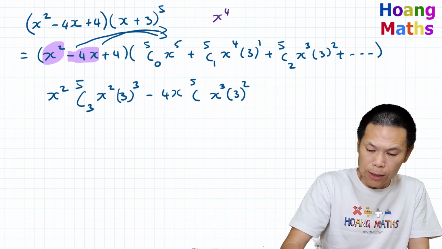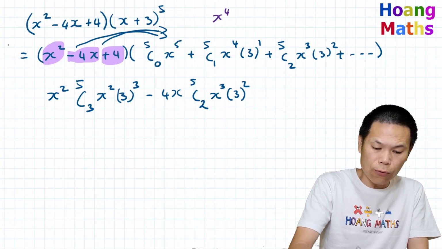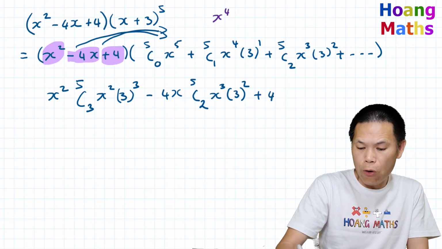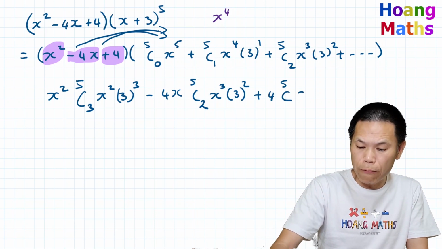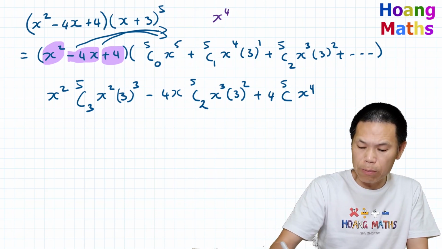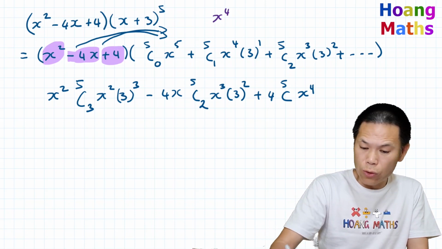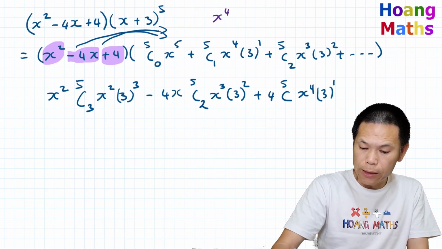So that must be 5C2. Then if we use the constant, that is plus 4, times 5C something, x needs to be to the power 4, so this constant times x to the power 4 becomes x to the power 4. And the 3 should be to the power 1, and this is 5C1.